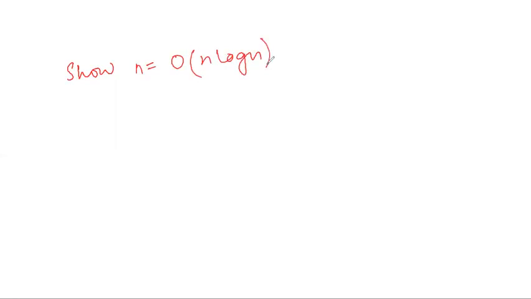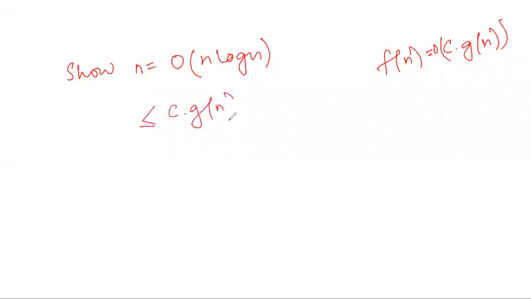Fine. So f(n) equal to order of c g(n). This was my formula, and like this we need to show this. So what was our first thing? Our first thing was that c g(n) was greater than f(n) for certain values of n0.